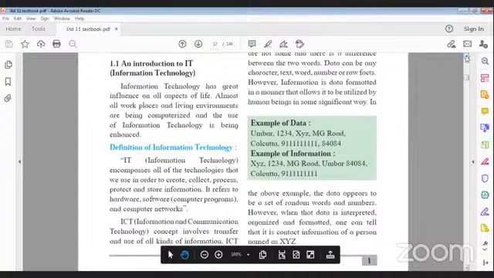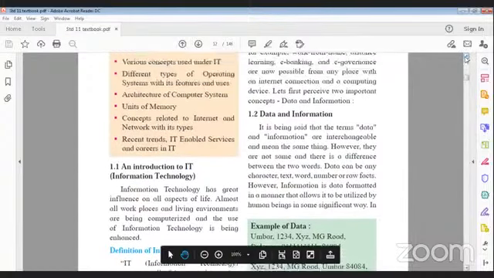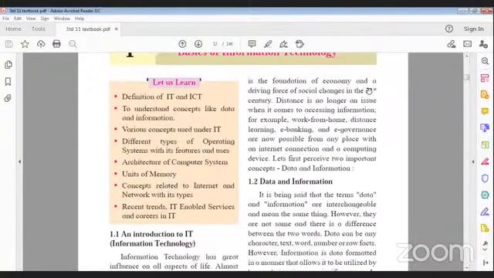Now ICT, they say, is the foundation of economy and a driving force. Now this is just the introduction part. I want you all to just go through this, just read this part. There's nothing much to learn about it.